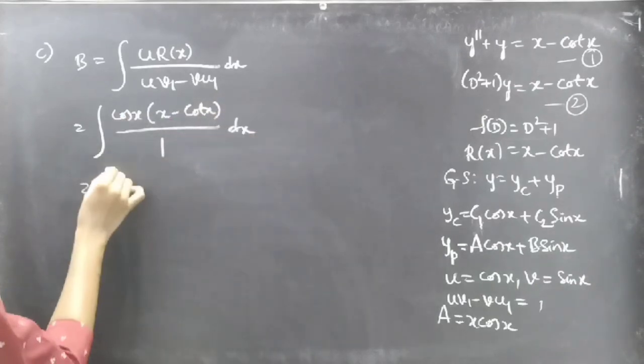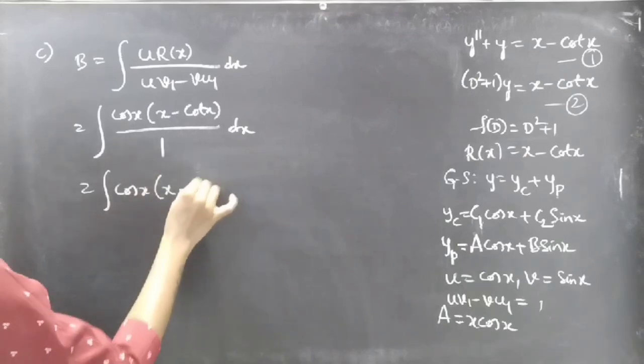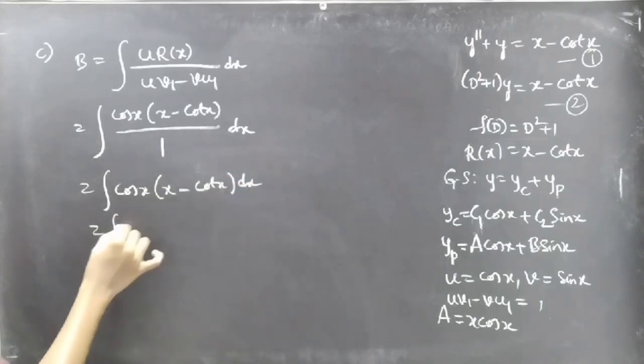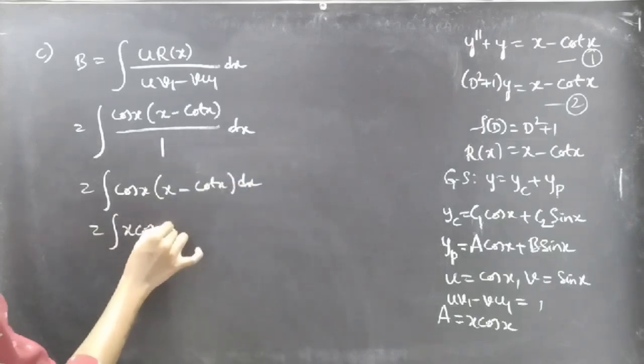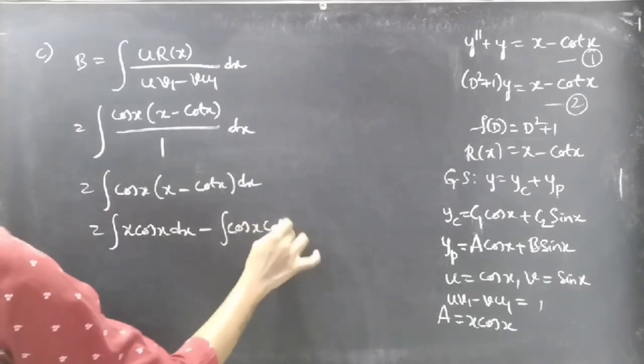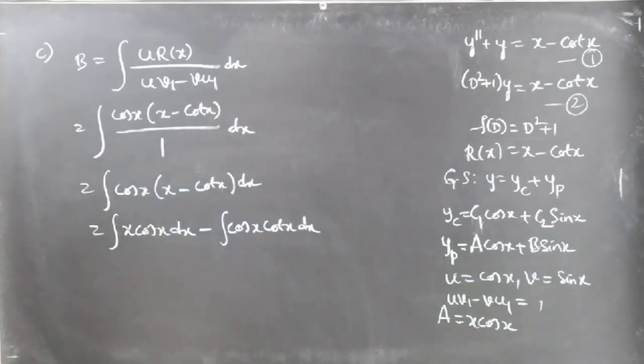This gives us the integral of cos x into x minus cot x dx, which gives us the integral of x cos x dx minus the integral of cos x cot x dx. Just evaluate the integral of x cos x dx and the integral of cos x cot x dx separately.